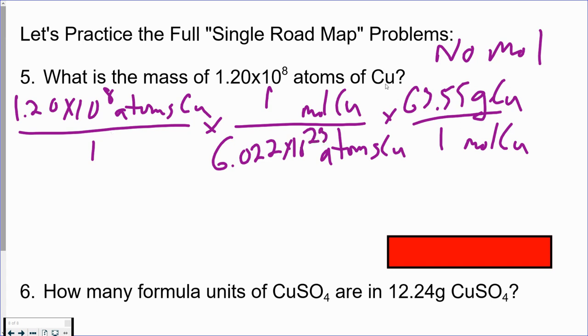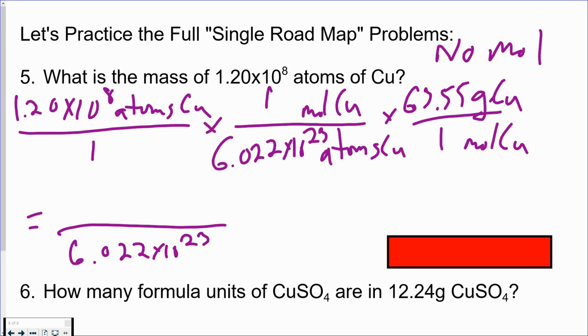Now, on this one, what I would recommend is you take the 1.20 times 10 to the 8th, multiply it by the 63.55, get your top. And on your bottom, you'll have 6.022 times 10 to the 23rd. Okay, so in my calculator, I'm going to go ahead and do this math for you guys.